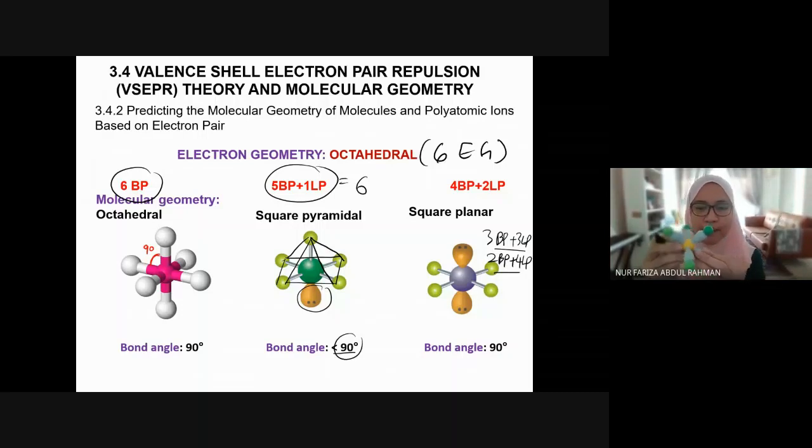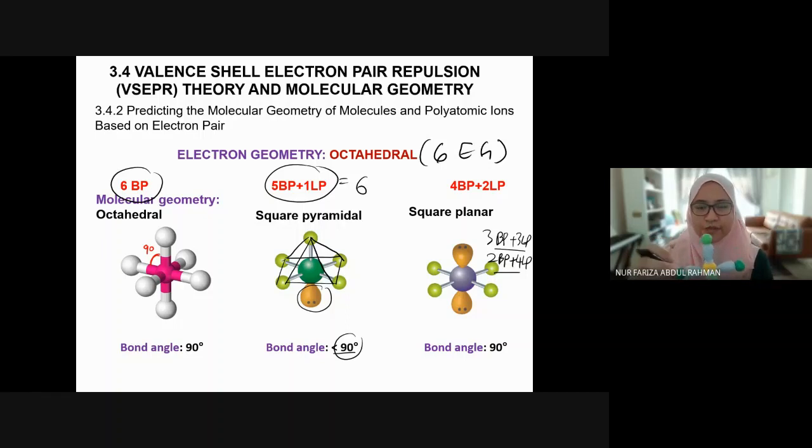So this is the lone pair just now. Imagine if we have 2 lone pairs, guys, where should we place the next lone pair? This time we have to be careful because the bond angle has shifted a bit, in order to minimize the repulsion.